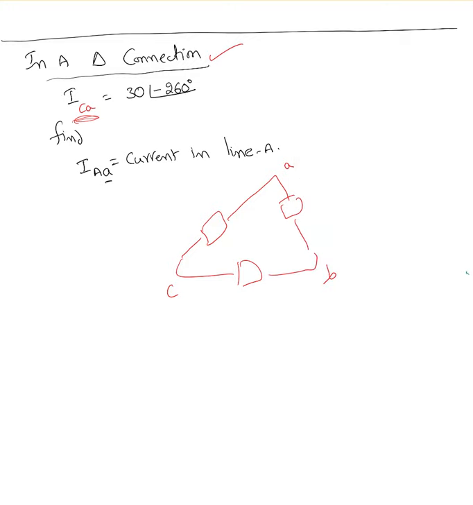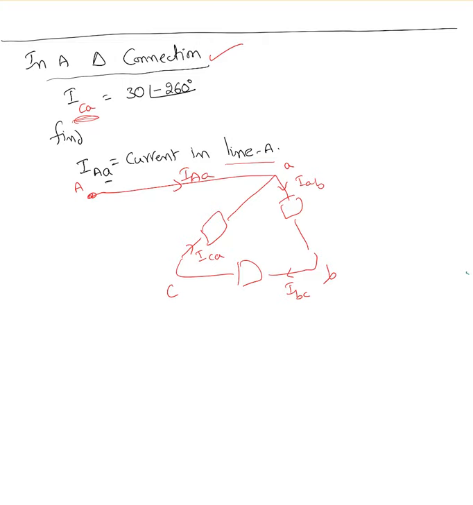Now this is IAB, this is IBC, that is ICA. If it is a source, current is going to flow in the opposite direction. When it comes to the source, here is A, so here AA. So this is what he's talking about. He's asking us to find the line current in line A. He gave you the phase current.